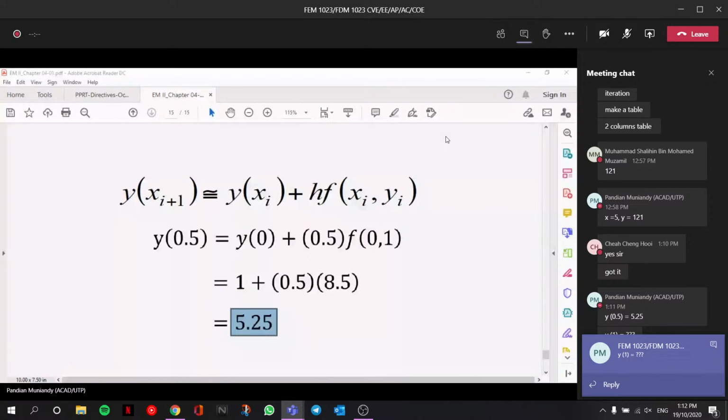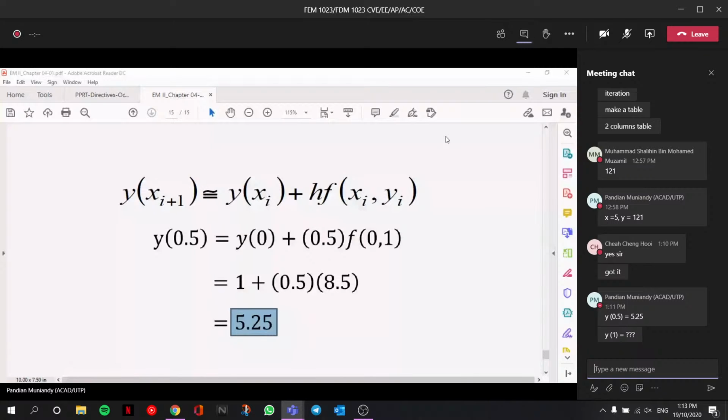So write down, yeah. So using Euler method, you want to calculate at x2. So the calculation is y at x1, because this is x2, equals 5.25. Write down, yeah. 5.25 plus 0.5. So we want to calculate y at 1.